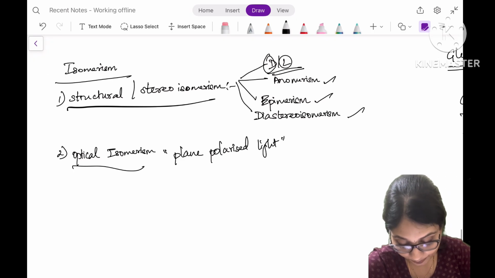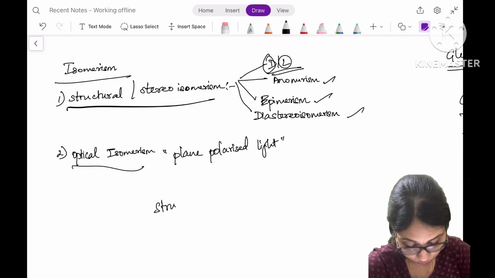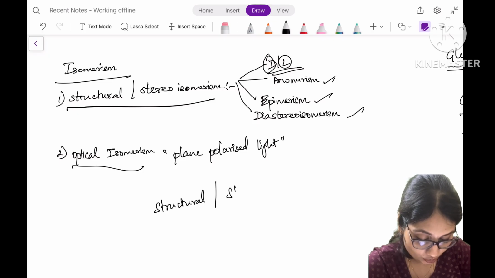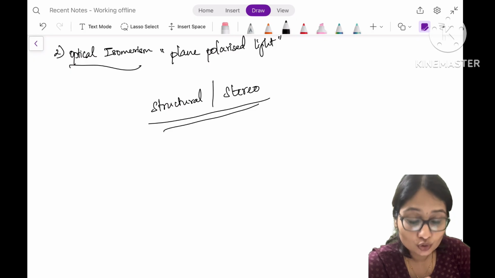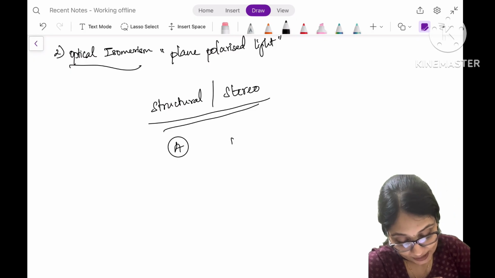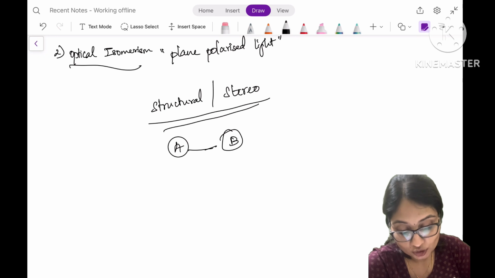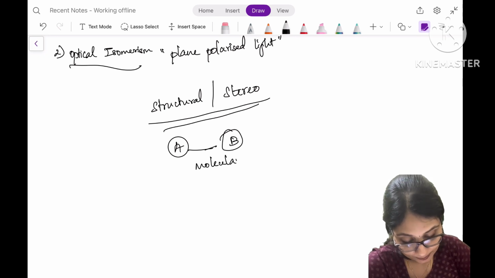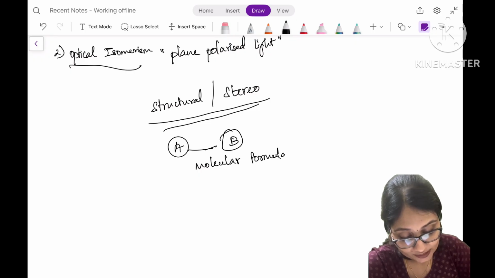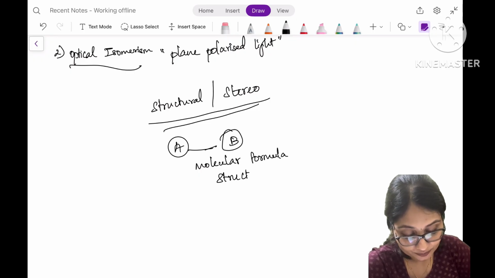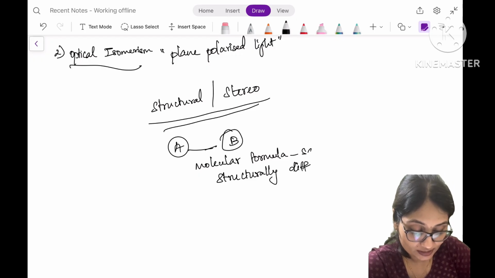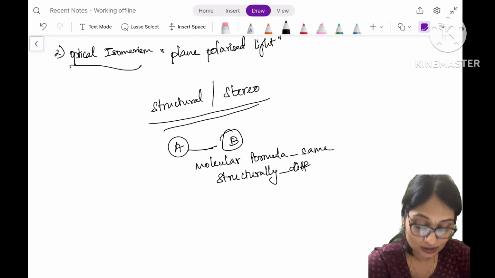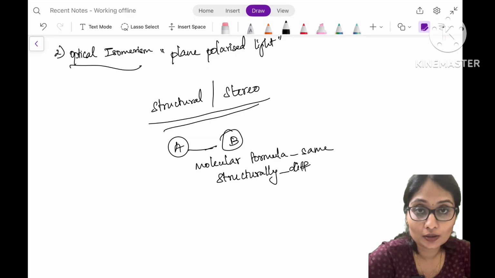If there is a molecule A and a molecule B, they are said to be structural isomers if they have the same molecular formula but structurally they are different. This is the same but this is different. This is essentially the definition of structural or stereoisomerism.